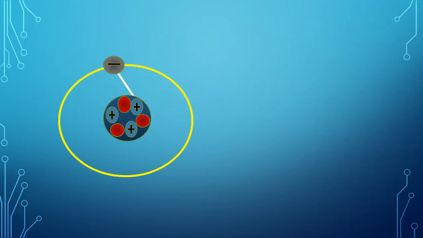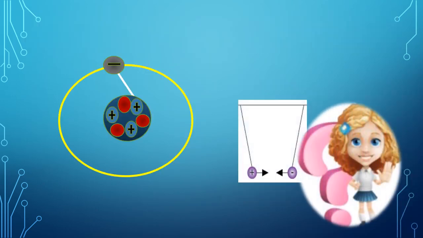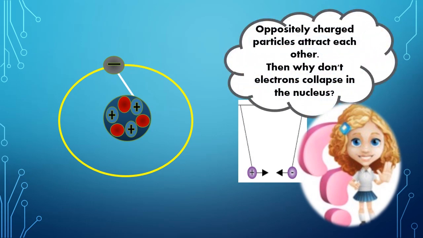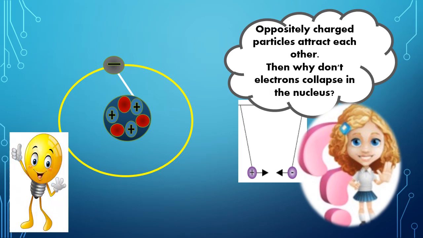Hey Sparkle, I have a question. If oppositely charged particles attract each other, then why don't electrons collapse into the nucleus? Ellie, you asked a really very good question. There are two concepts about this. The first, old concept says that there is an analogy or similarity between the electrons orbiting the nucleus and the planets moving around the sun.